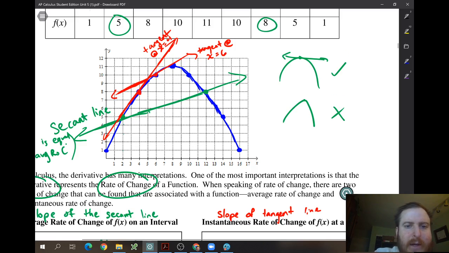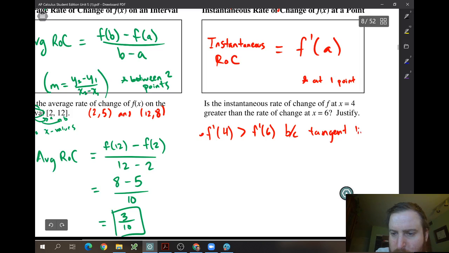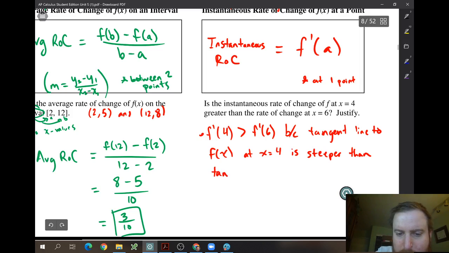The tangent line at x equals 4 is steeper, so we can say f prime of 4 is greater than f prime of 6 because the tangent line to f of x at x equals 4 is steeper than the tangent line to f of x at x equals 6. We always want to say the tangent line to f of x. So that's a perfectly good explanation.